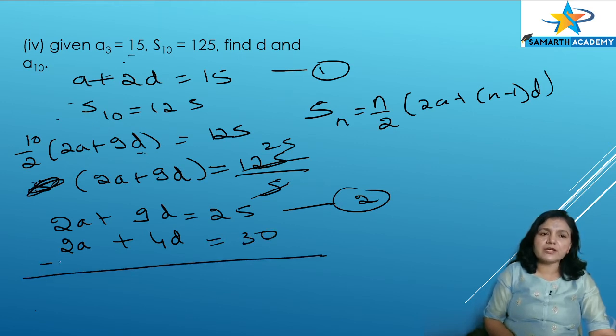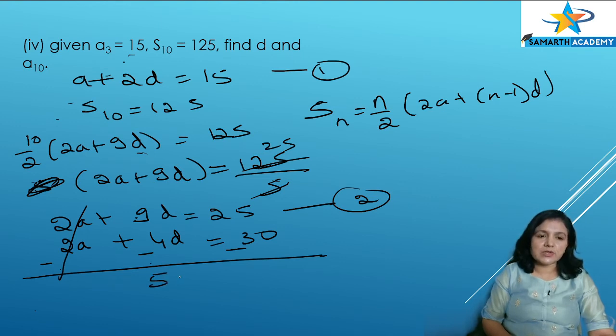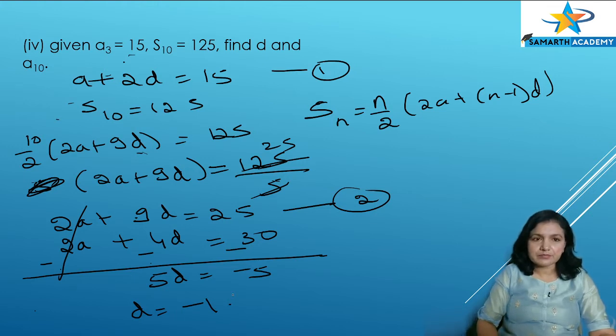We are multiplying equation 1 by 2 and subtracting so that a is eliminated and we get the other variable d. So 9 minus 4 is 5d equal to minus 5, which we get dividing both sides by 5, d is equal to minus 1. Now we got d, he is asking for a10.